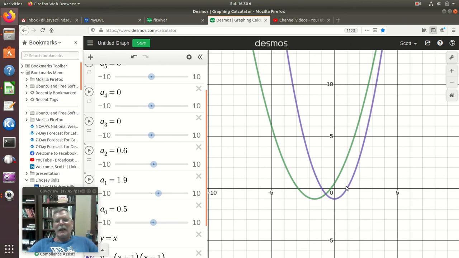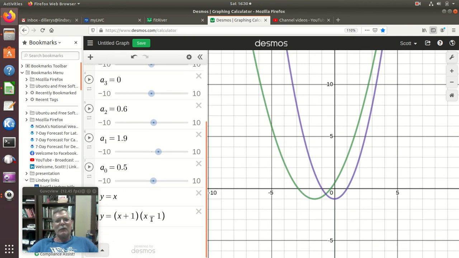Well, that can't happen. It's a quadratic. If it's factoring into 2 things and only 2 things, it can't be 4 things. If it factors into 4 things, that's a quartic, or a 4th degree polynomial. So that's where we get the idea of the wiggles.